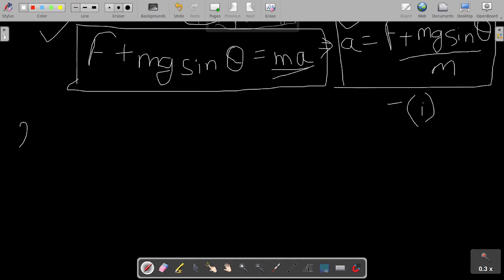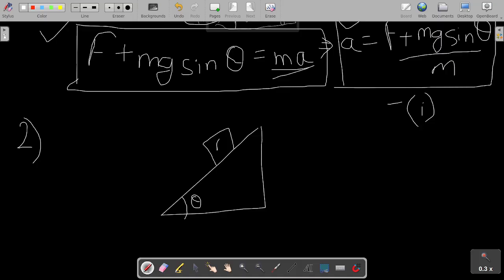Second case. In the second case, suppose a body, again this is our inclined plane, this is the angle theta. I think the inclination got a little bit more, but other than that everything is fine.